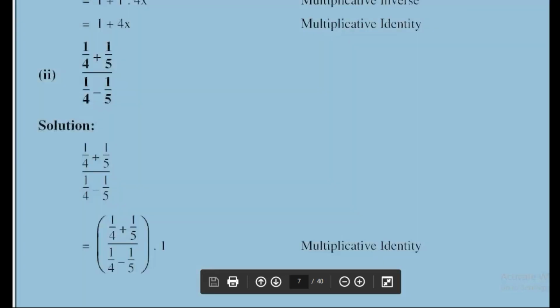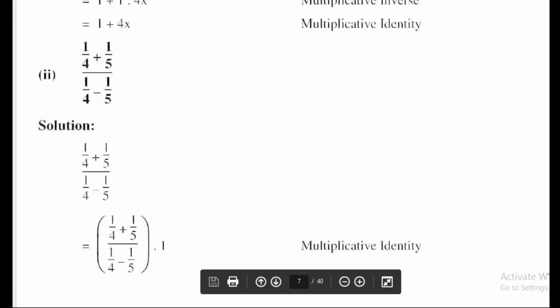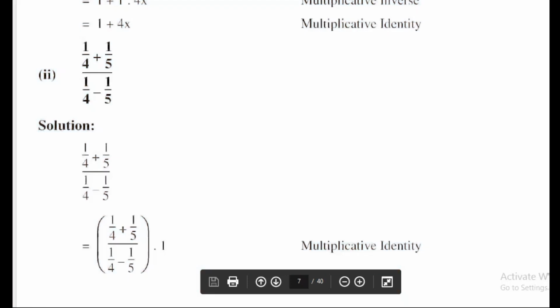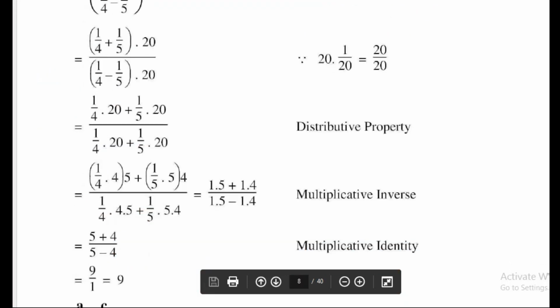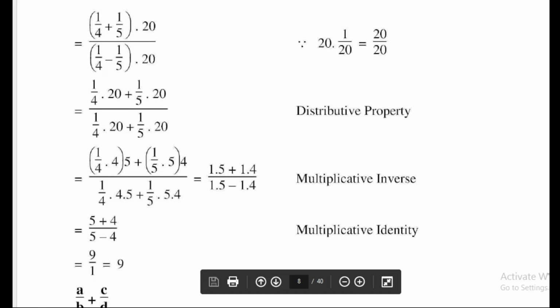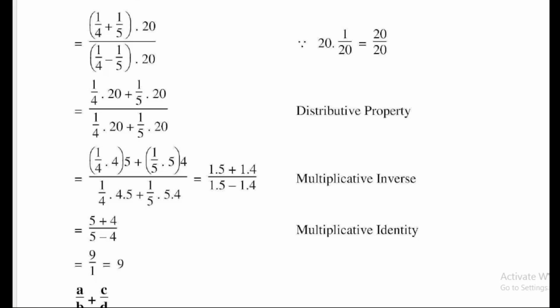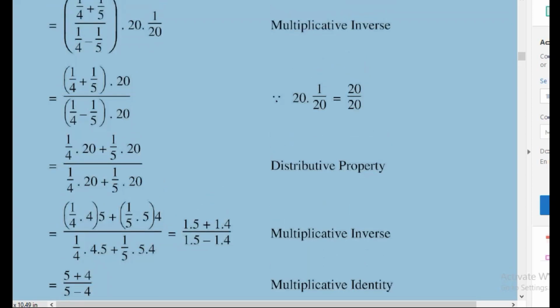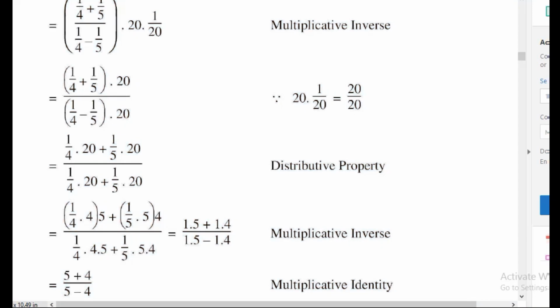So 20 dot 1/20, so the multiplicative inverse of 1 is 20 dot 1/20.